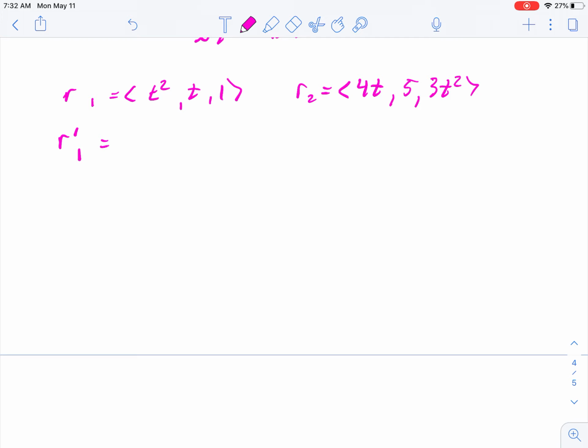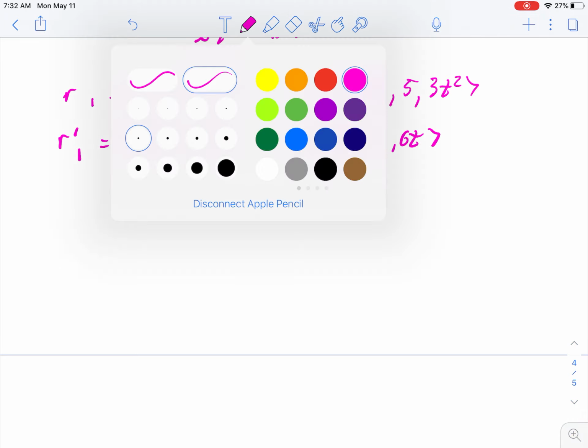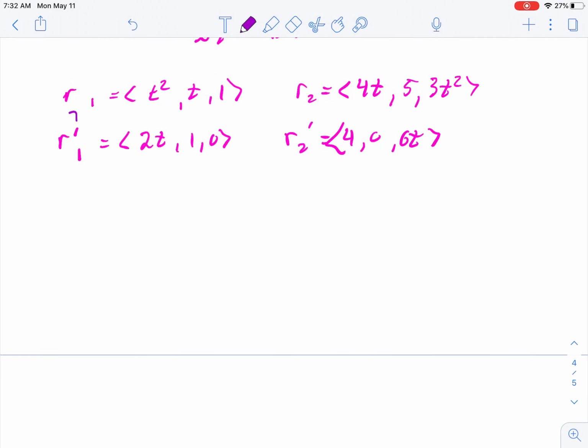So let's do the derivatives. r1 prime is 2t, 1, 0. r2 prime would be 4, 0, 6t.